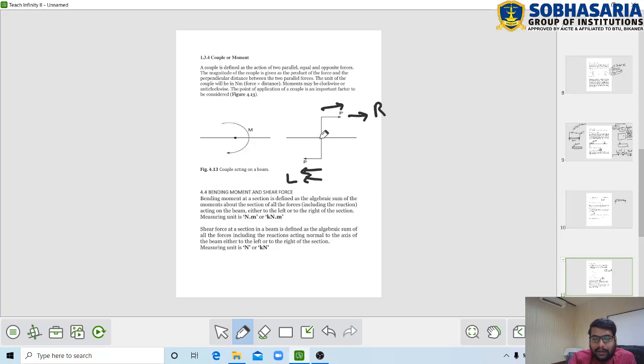So, what will happen at the point of their intersection? It will cause a rotation, which means this element will start turning from its axis, it will start rotating like this. So, the type of force induced at the junction is called a couple.